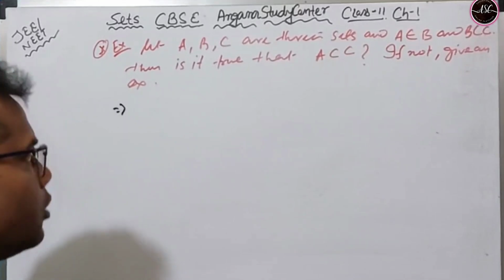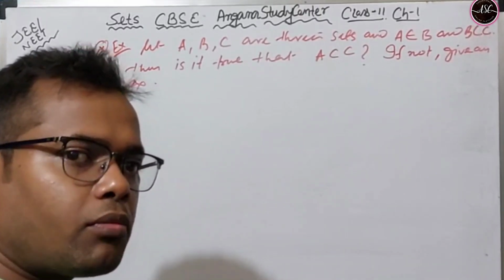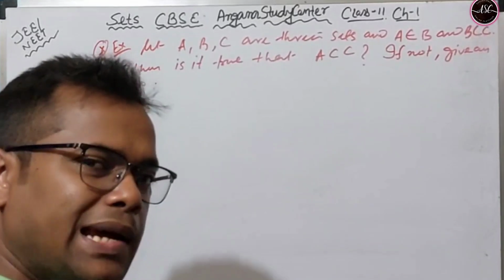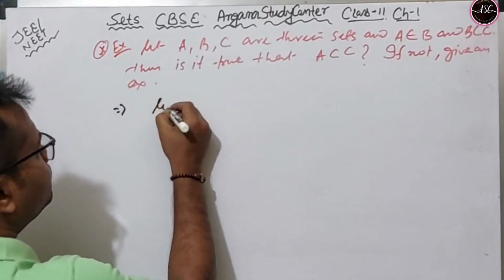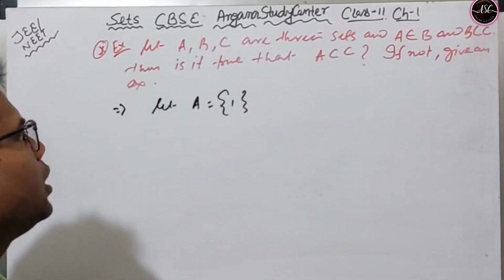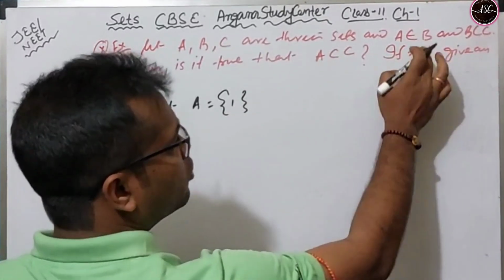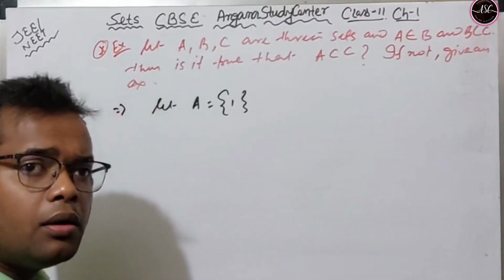For the solution, firstly we have to assume the sets. Let A equal to {1}. Then we assume the B set.